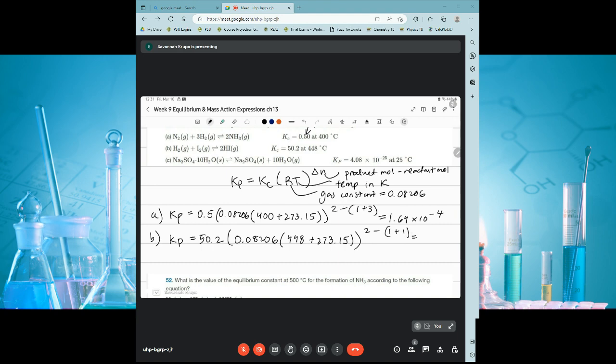And if you wanted to convert this strategically, the 2 minus the 2 here is going to give us a value of 0. And so all of this is going to be 1. And so it's 1 multiplied by the 1. So our answer will be 50.2 because it's going to be raised to the power of 0. And so that's going to be the Kp value.